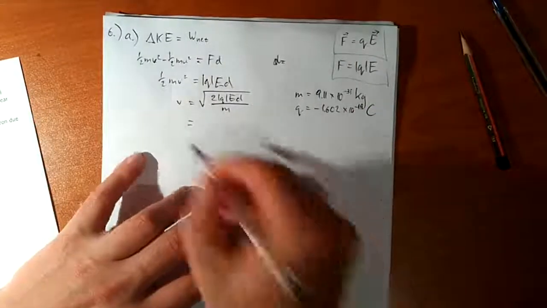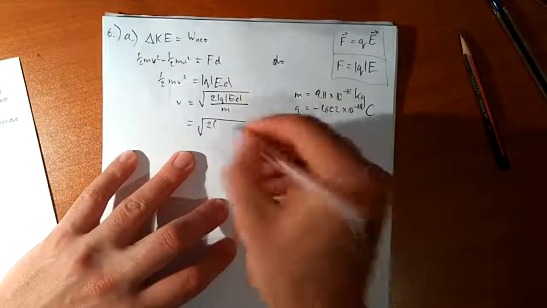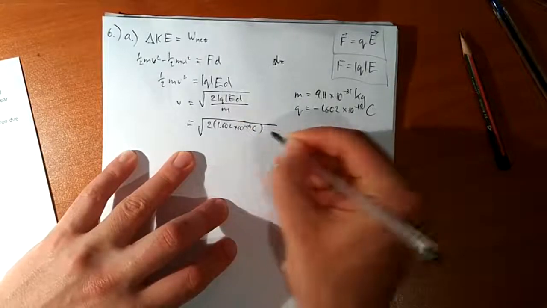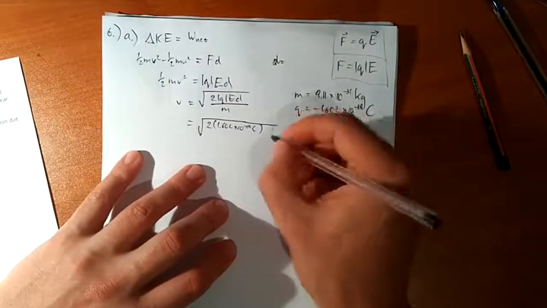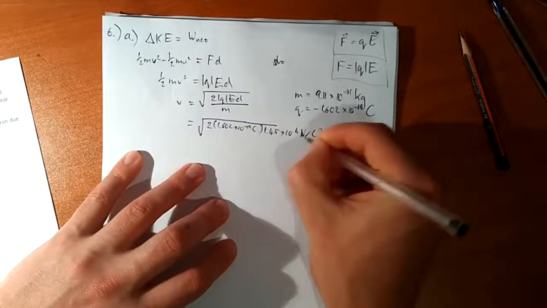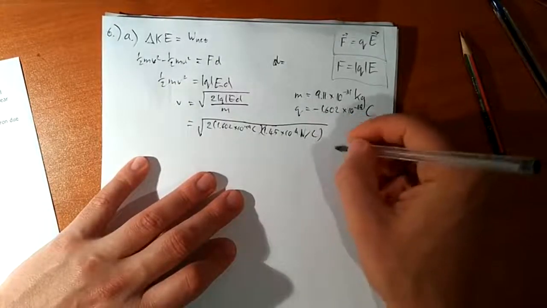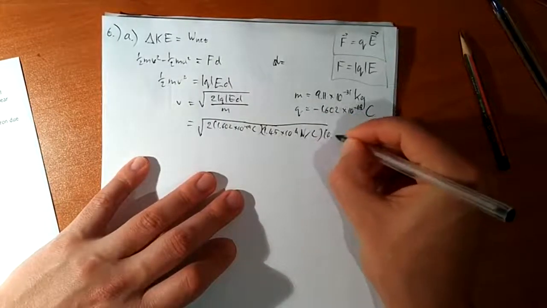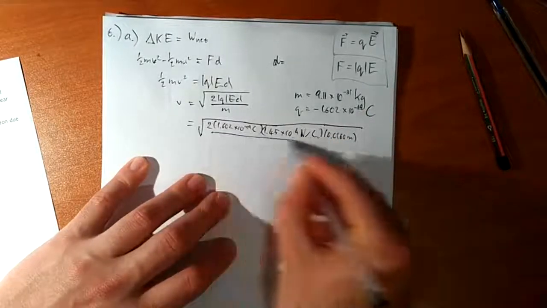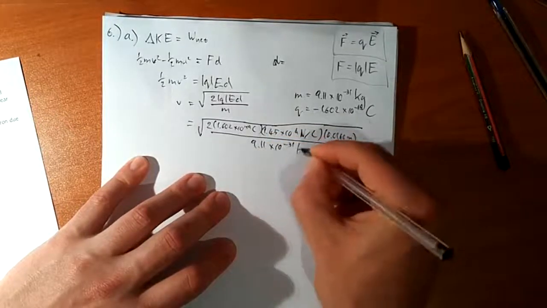Okay, good. Now let's just substitute the values. So this is 2 times, and this is the absolute value of that, so that's just 1.602 times 10 to the minus 19 coulombs, times the electric field strength, which is given as 1.45 times 10 to the 4 newtons per coulomb, times the distance, which is 1.60 centimeters, so 0.0160 meters, over the mass, 9.11 times 10 to the minus 31 kilograms.